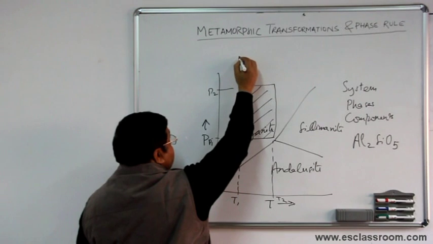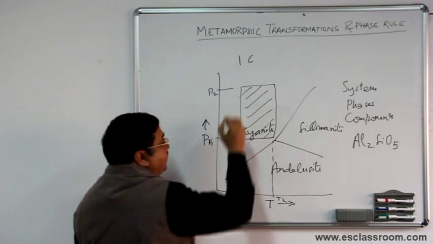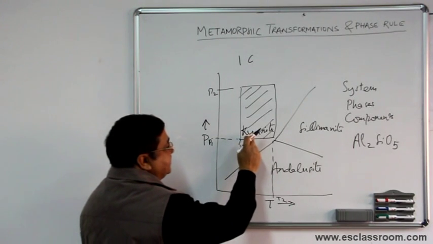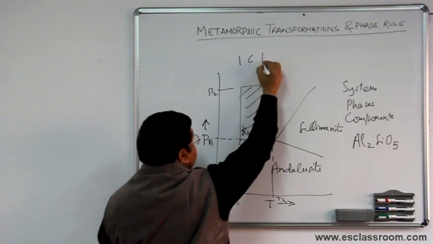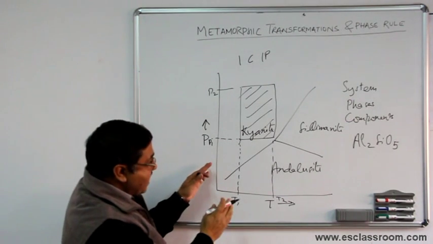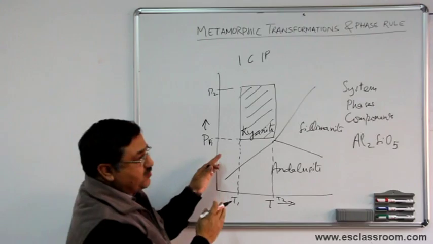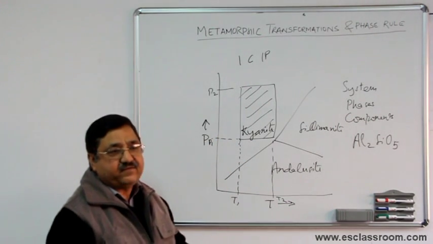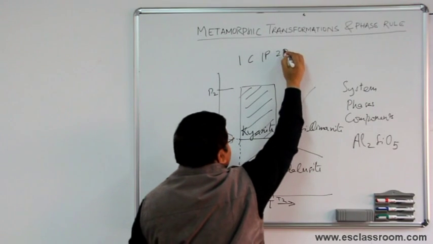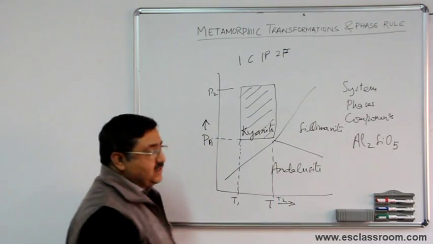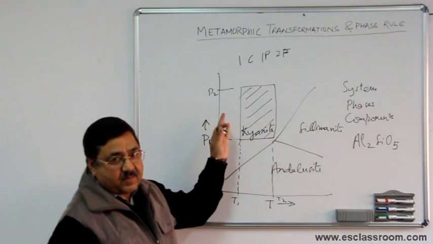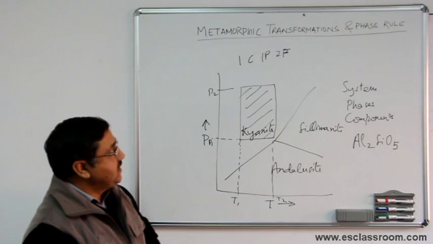this shaded area as made up of one component where, as we see, only one phase is present, so it is defined as one phase, but I have freedom to vary both the variables, which means that I have 2 degrees of freedom. So this expresses the relationship or the boundaries of this area.